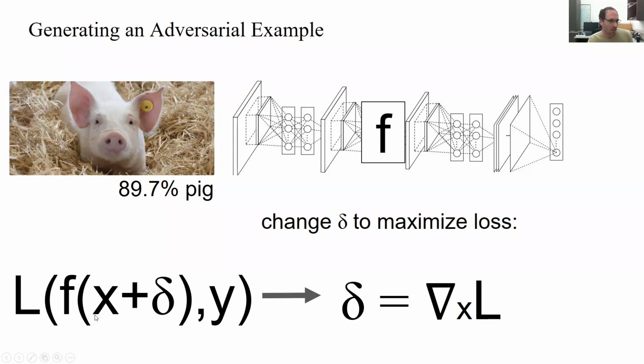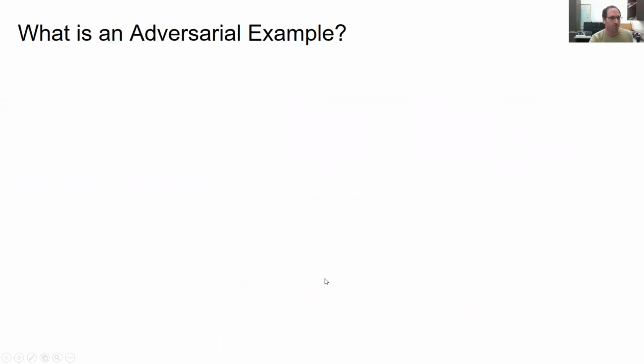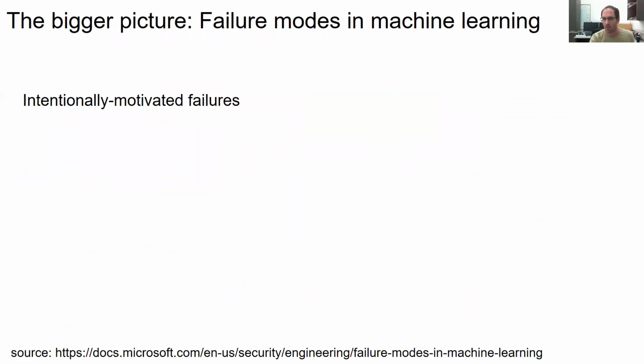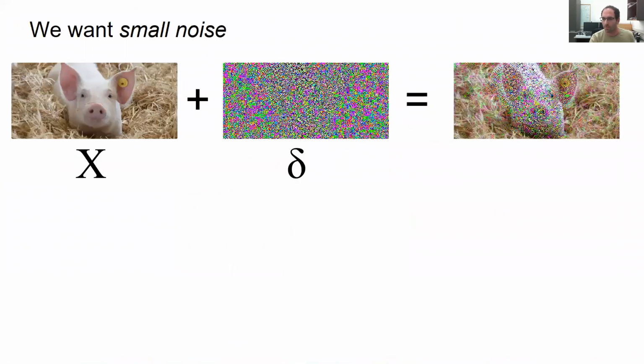X is going to be fixed, and you're just going to change delta. So it's the same gradient going to the delta. You can think of it otherwise, that you only have the input and you change the input, or you can think of it that the input is x plus some delta that you're going to change, and it's all equivalent. You're going to get the same gradient for all of them, right? So you're taking the gradients with respect to the whole input, but changing only the delta.